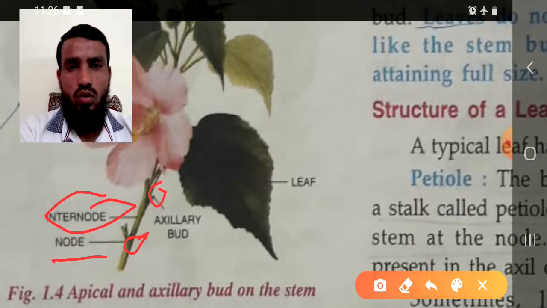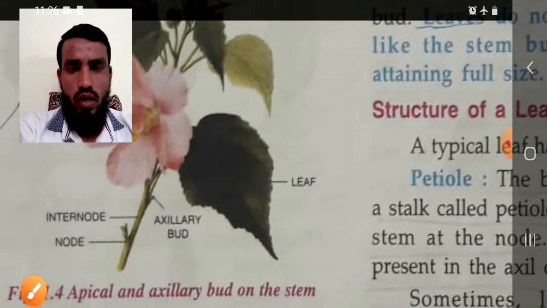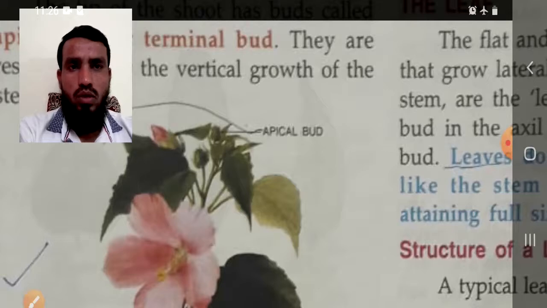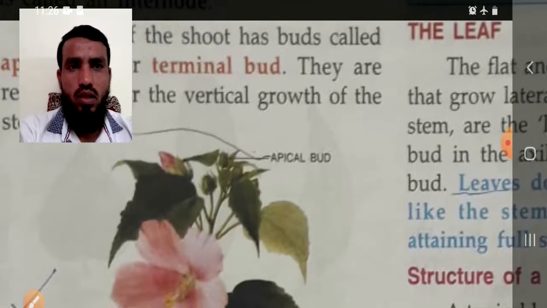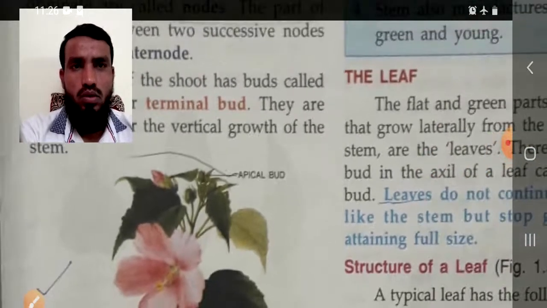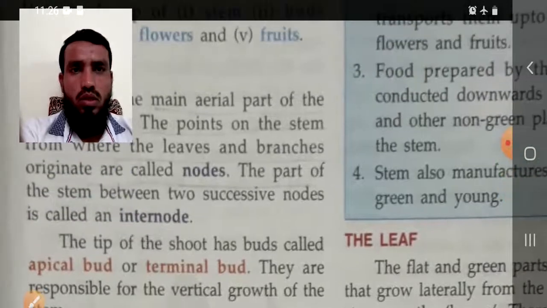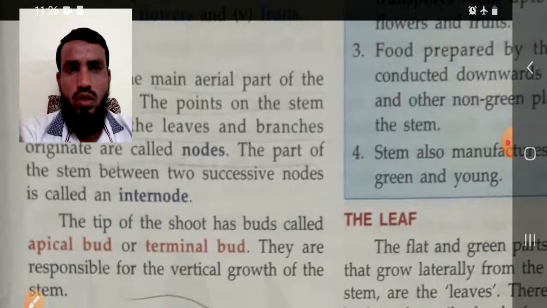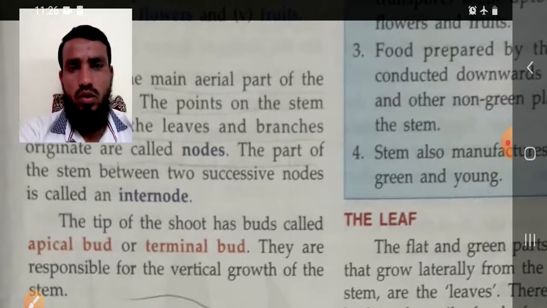Between one node and two nodes there is a space, and whatever that space is, it is called the internode. And the node present on the upper side is called the apical node or apical bud. So this is called the node, and between two successive nodes is the internode.